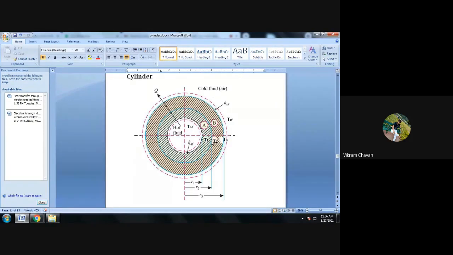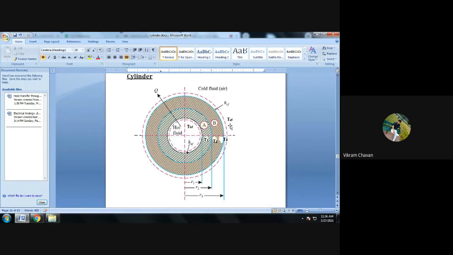Then the external surface of A cylinder has temperature T2, which will be considered as the internal surface temperature of B cylinder. T2 is also the internal surface temperature of B cylinder, and the external temperature of B cylinder is T3. Surrounding this cylinder there is one fluid, or we can say the environment, which will be considered as a cold fluid, and this cold fluid temperature is T suffix CF.